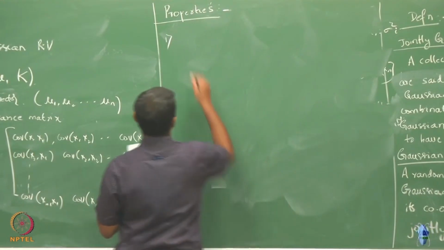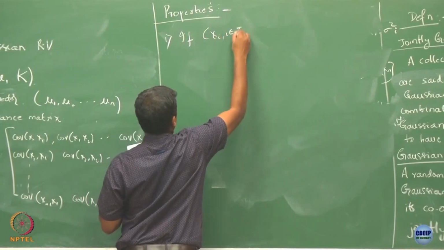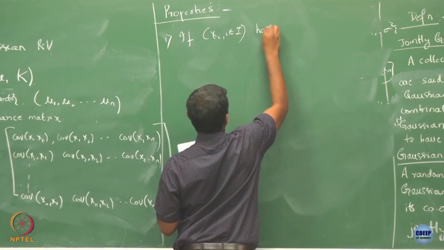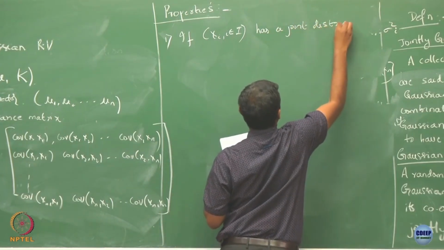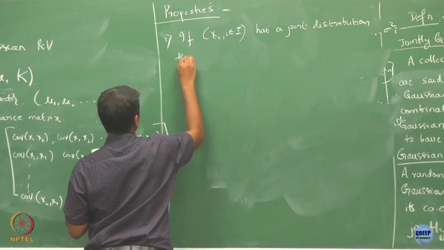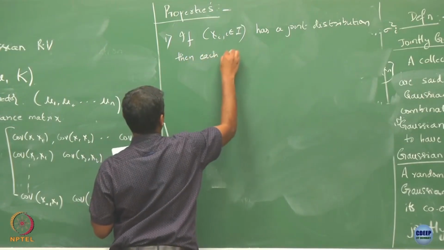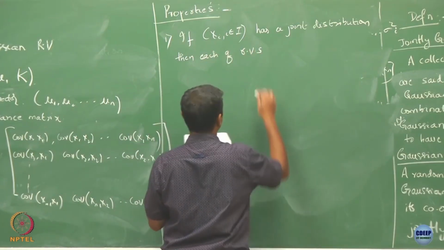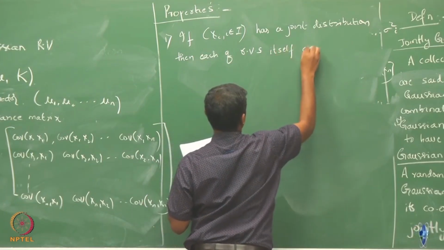Now, if I have this collection of random variables xi that has a joint Gaussian distribution, then each of the random variables is itself a Gaussian random variable.